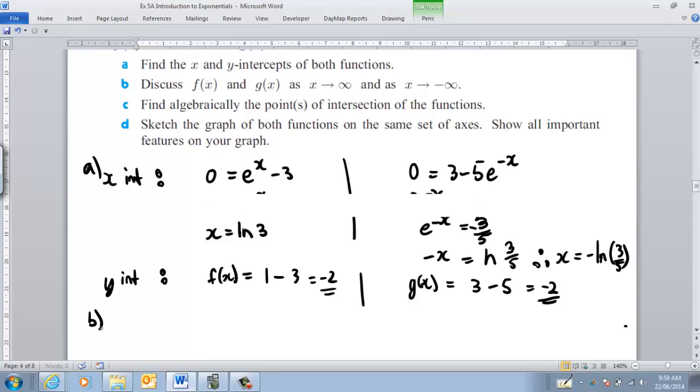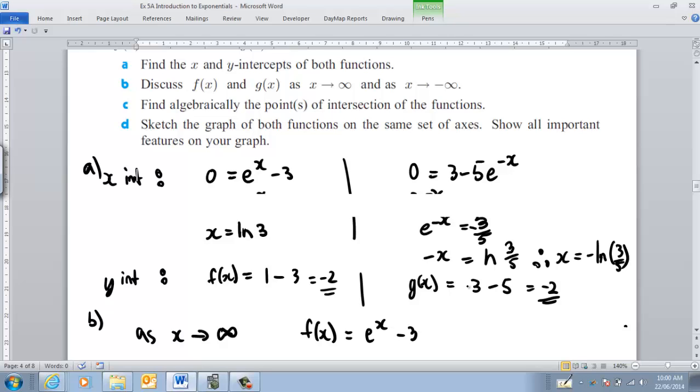Part B. So as x goes to infinity, we have to talk about what f of x does and what g of x does. Now, if we think about f of x, it is in fact equal to e to the x take 3.